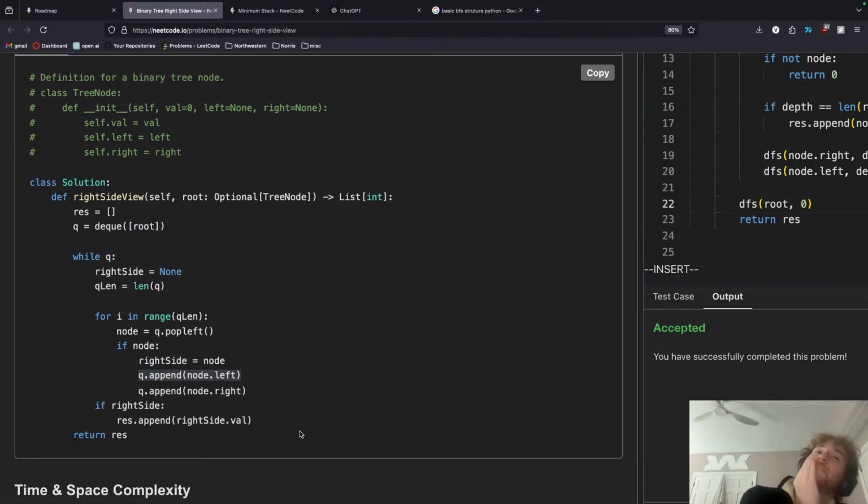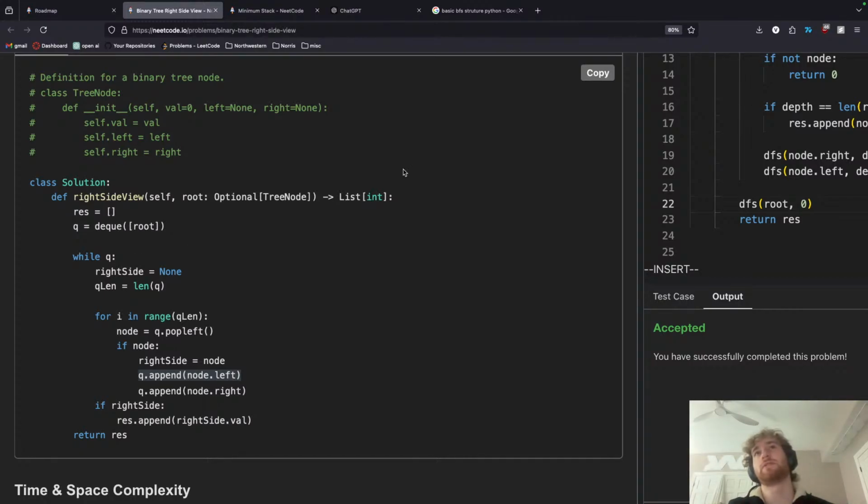So essentially in the next queue, in a given node's neighbors, while the queue, the right side is none for each iteration because that's each level. And then we iterate over the whole thing, the entire queue, which is the entire level.